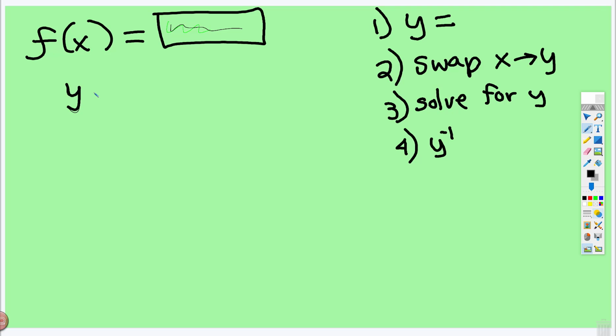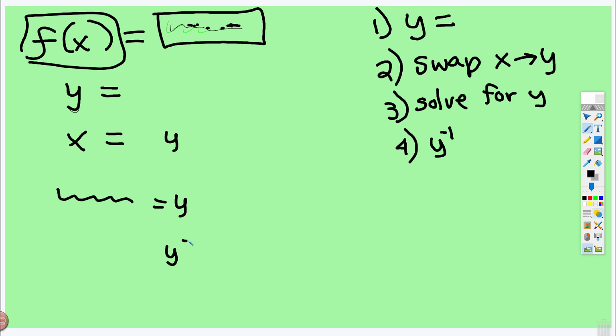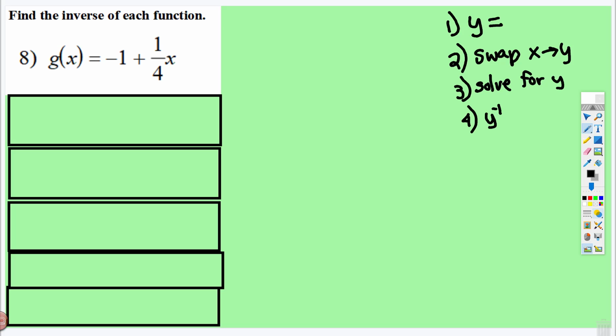Wherever there were x's, you're going to put y's, and then you're going to get the y by itself. When y is completely by itself, it will now be the inverse of what this started out to be. So then you just write the raised negative 1. Let's go ahead and get started, and I'll tell you what I mean.